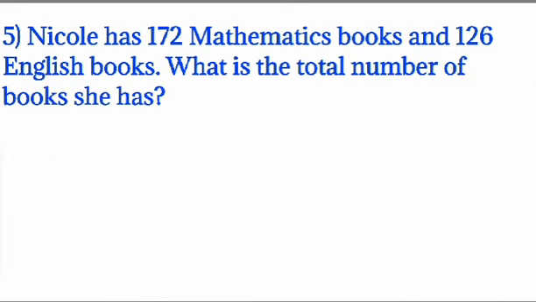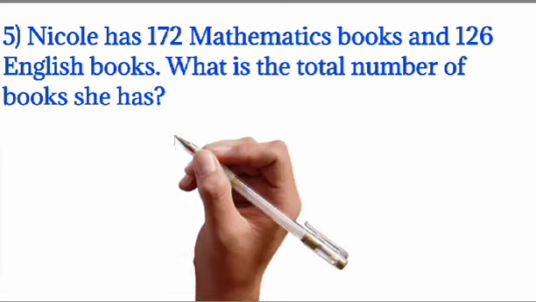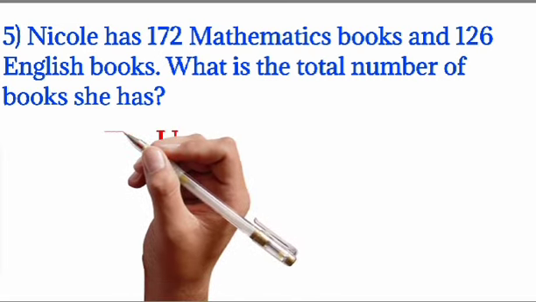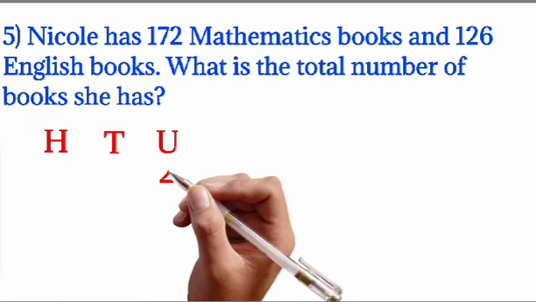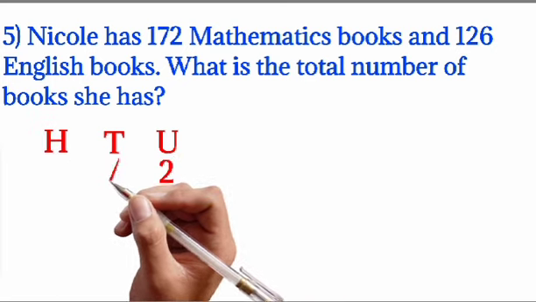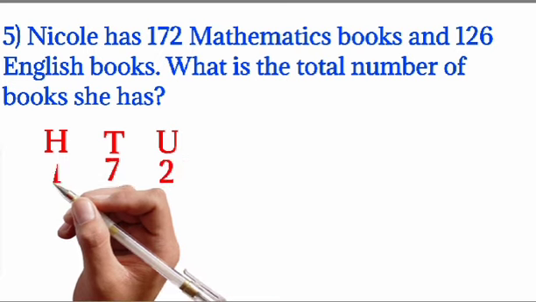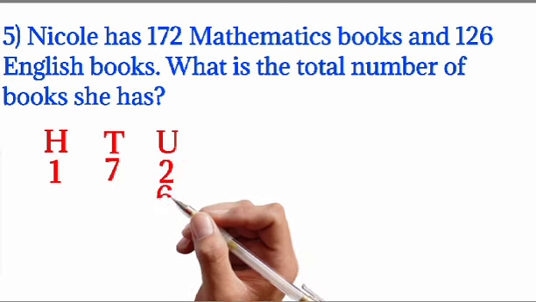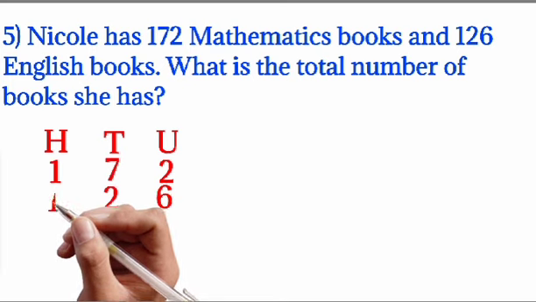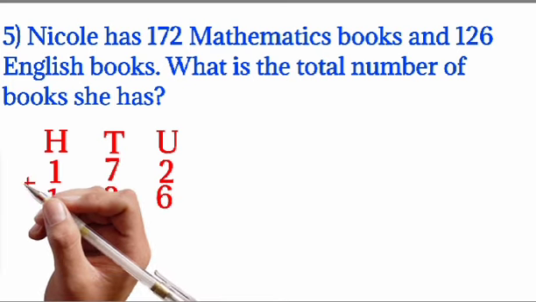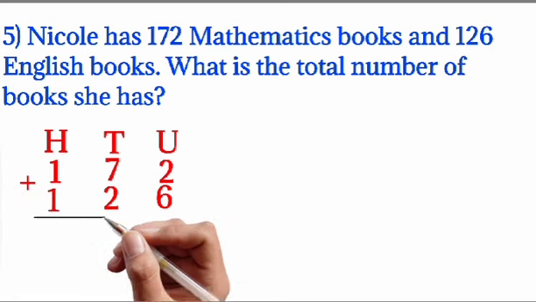Let's get the total number of books she has. First, I'll start writing my unit, my tens, and my hundred. Then my 2 is under my units. My 7 is under my tens, and my 1 is under my hundred. My 6 unit, 2 tens, 100. Then I'll put my plus sign.